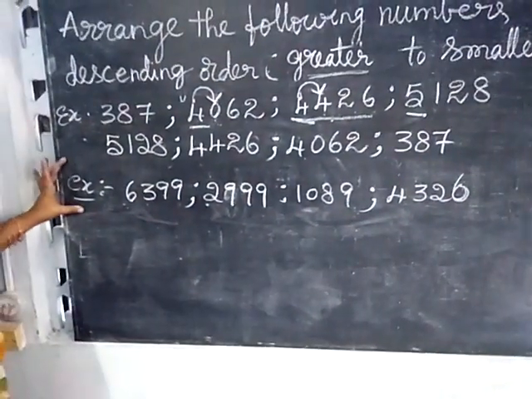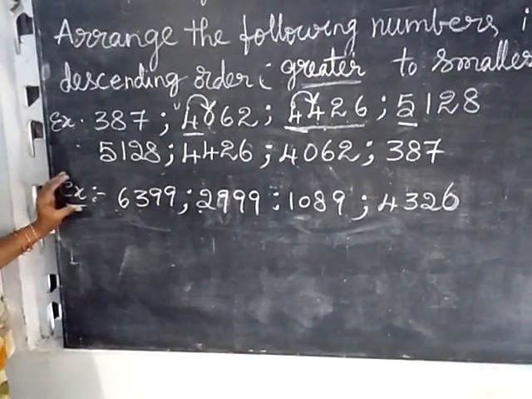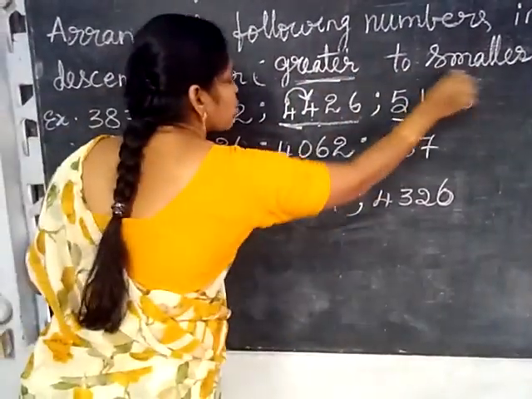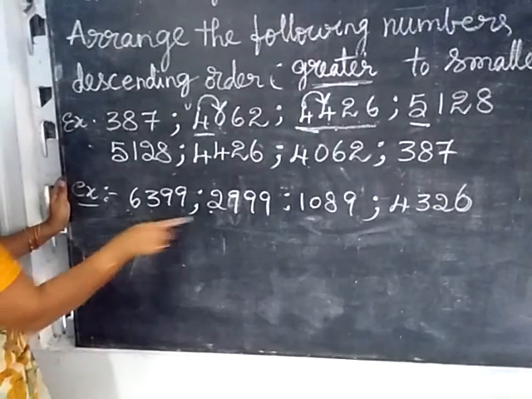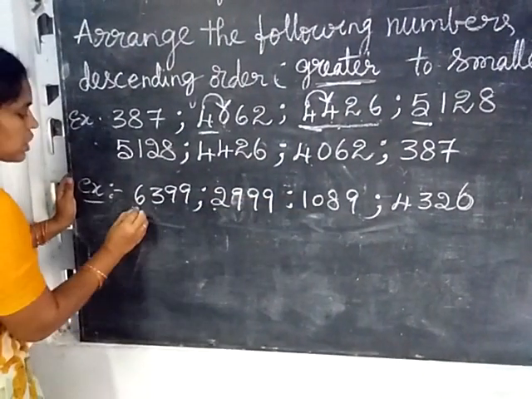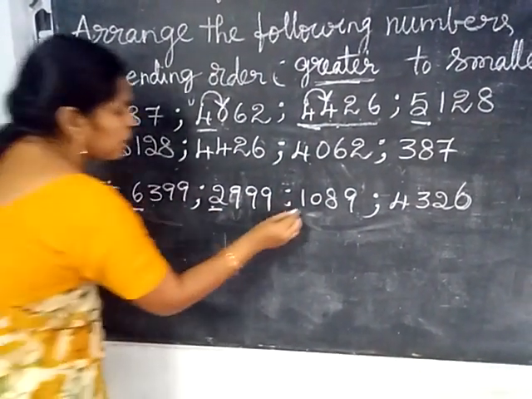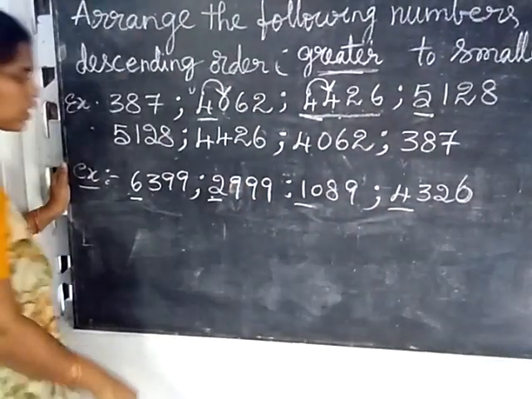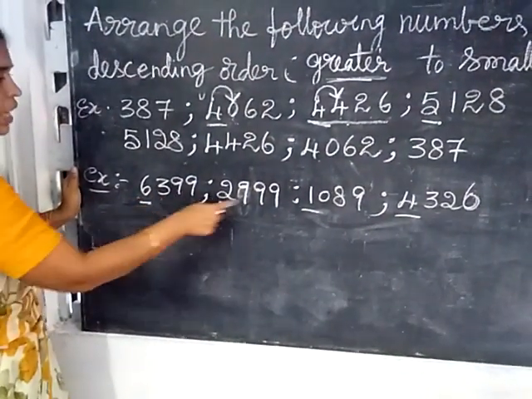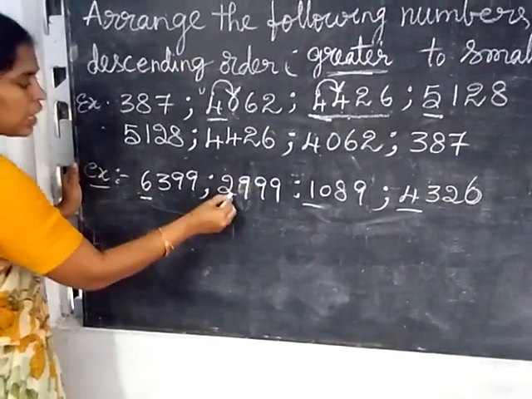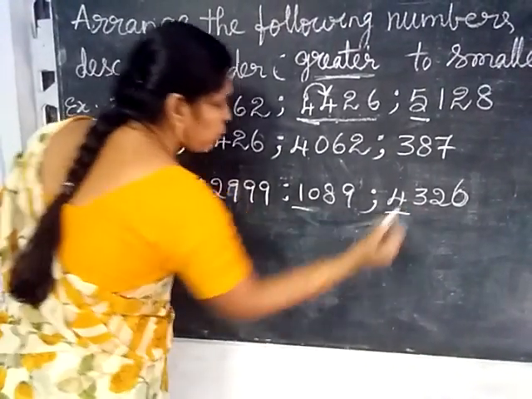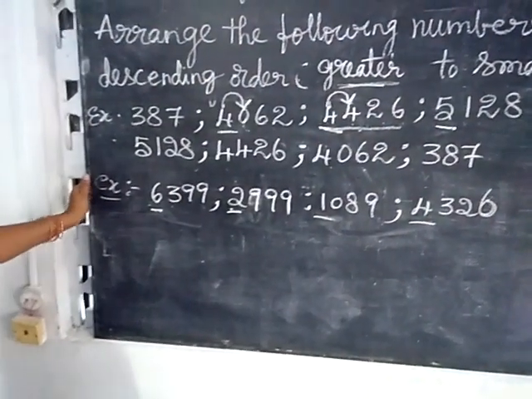So this is descending order. Descending order means greater to smaller. So all are 4-digit numbers. First you see the thousands place digit in each number. See here 6, here 2, here 1, here 4. So which is the greater one?